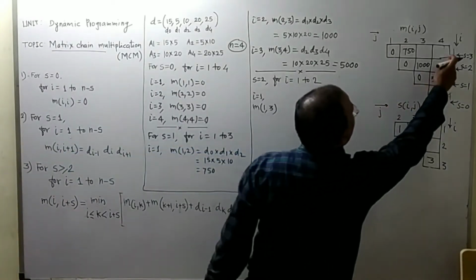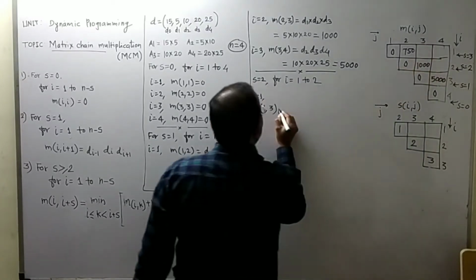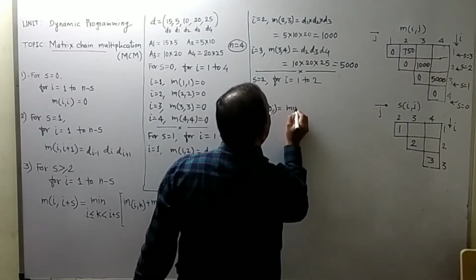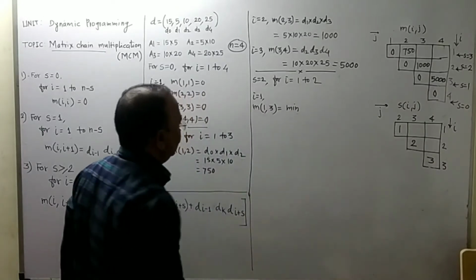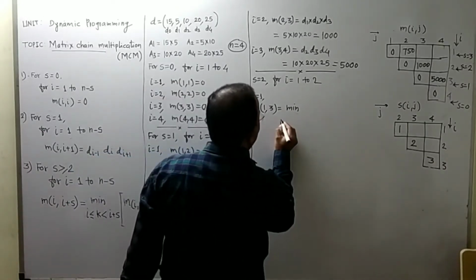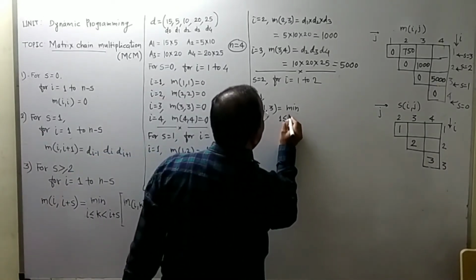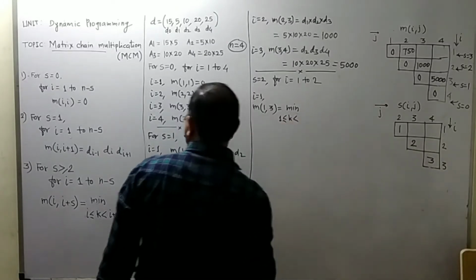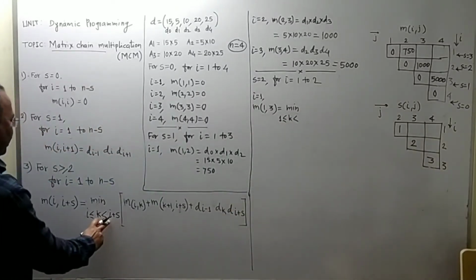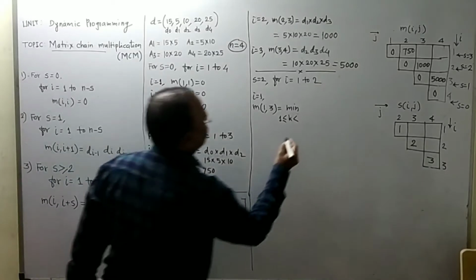Means the cell will be 1 3. So write down the condition I is 1, less than or equal to K less than I plus S. So I is 1, 1 plus 2 that is 3.